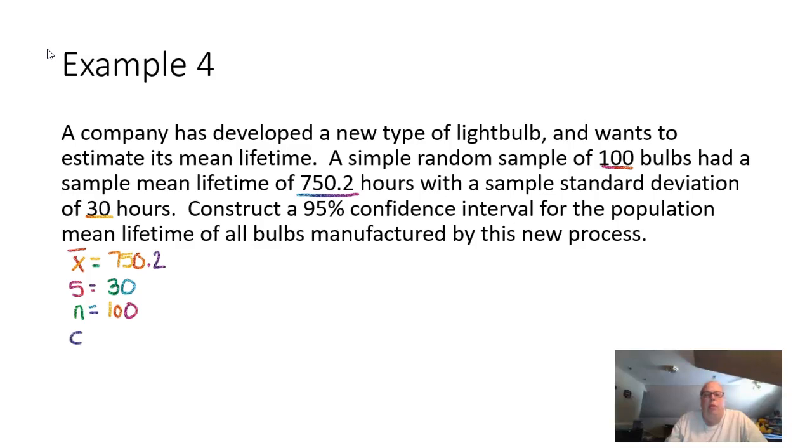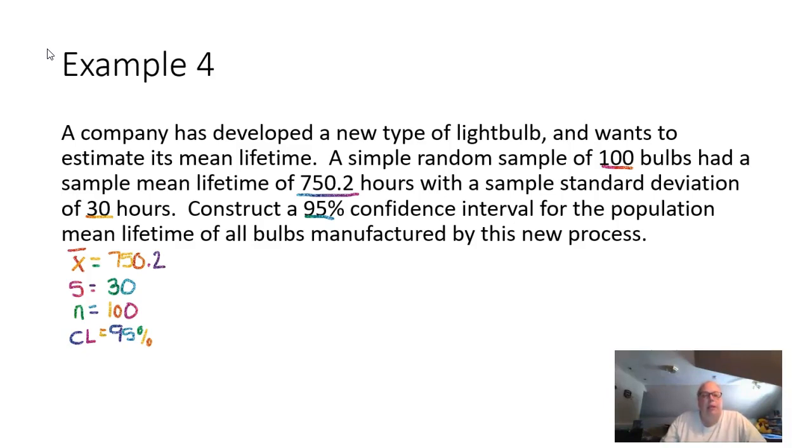And we know that we want our confidence level to be 95%. And we are trying to find a confidence interval for where that true mean actually falls. And hopefully it should fall between the two endpoints that we find.